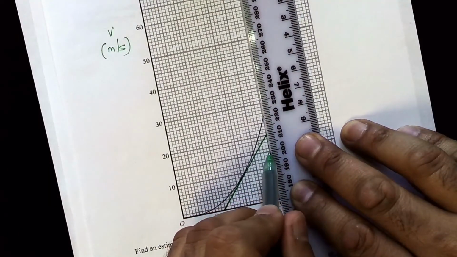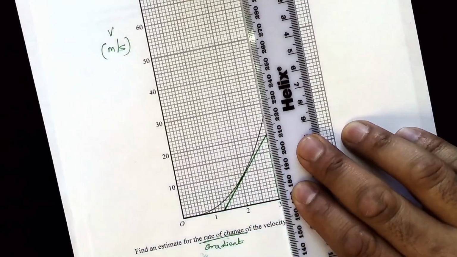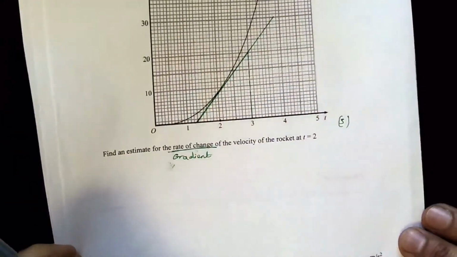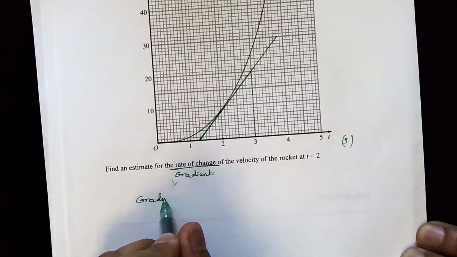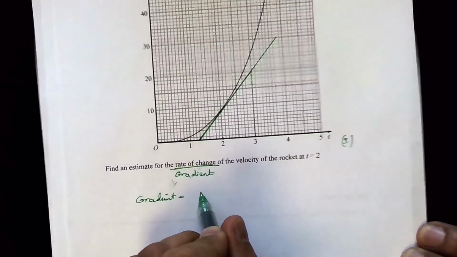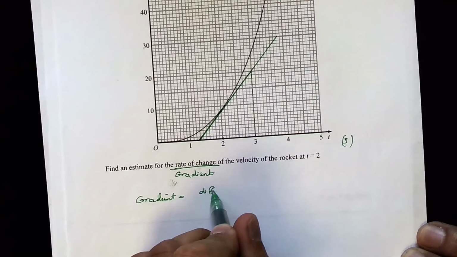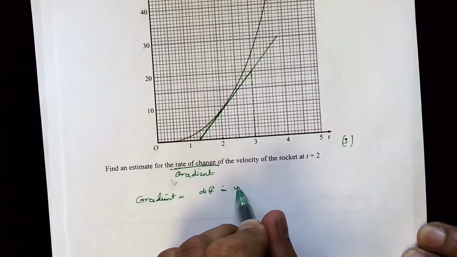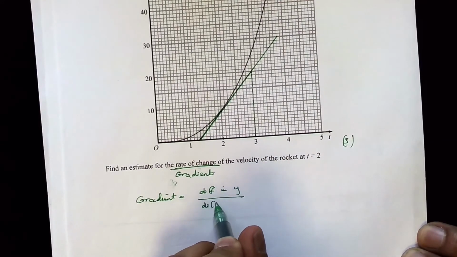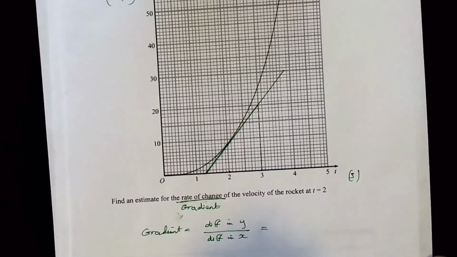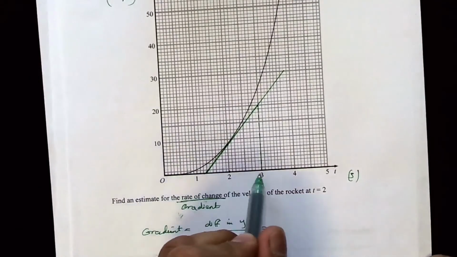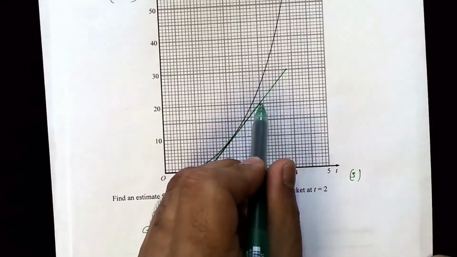I can draw a triangle here. And to work out the gradient, the change is the difference in y divided by the difference in x. So now the difference in y, it starts from 0 and it goes all the way up to 20.